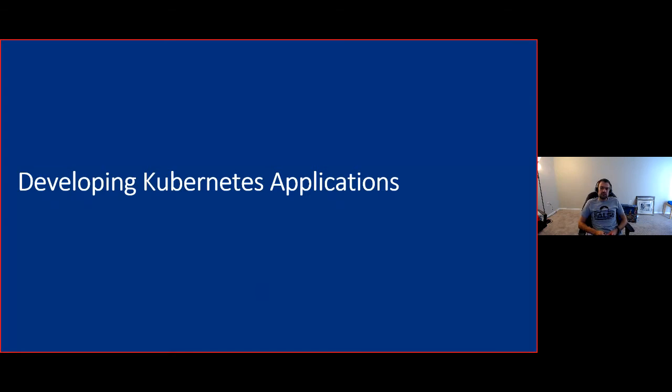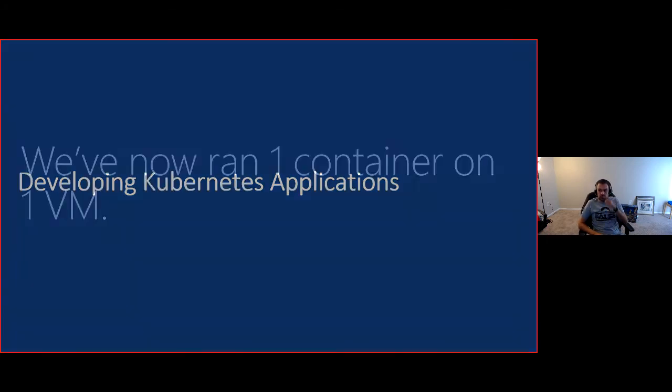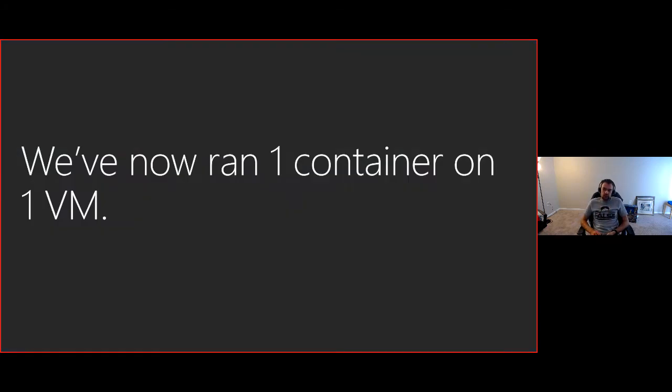But let's first think about why we would need Kubernetes to run applications, because what we've done up to now is we've run one container on one virtual machine, and actually that virtual machine was my own laptop, but we've just run one container on one machine.